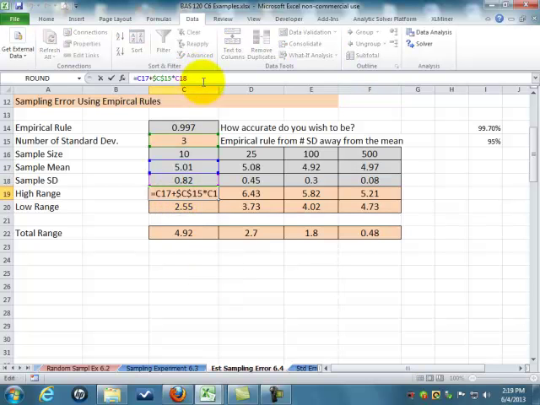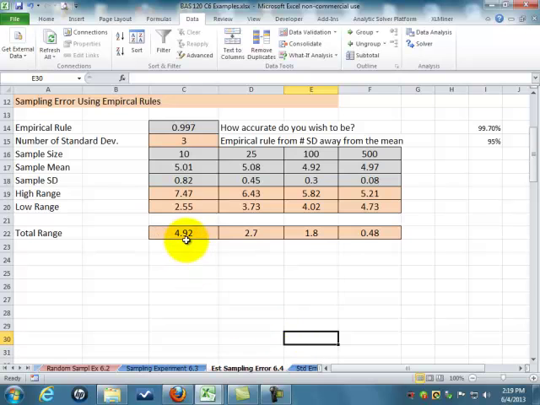The high end of the range is going to be my sample mean plus 3 times whatever my standard deviation is. My low end of the range is going to be the mean minus 3 times the standard deviation. And then I added in here the total range, which is just the difference between the high and the low.